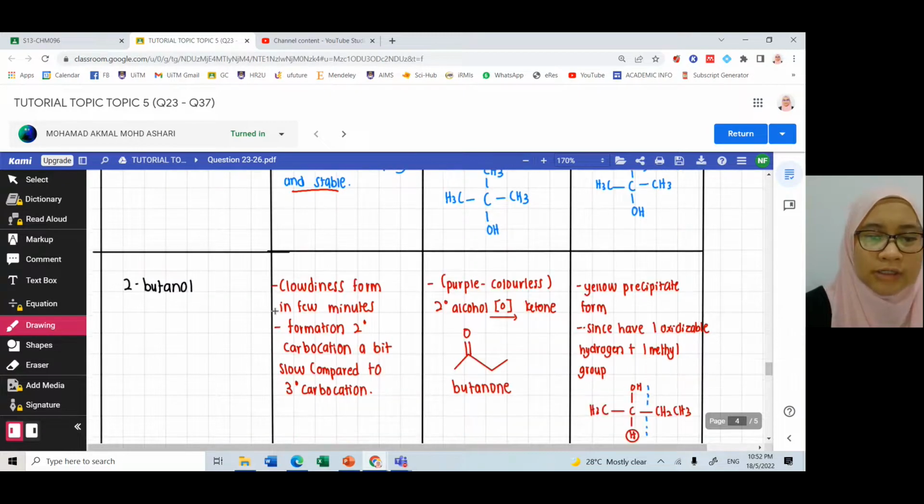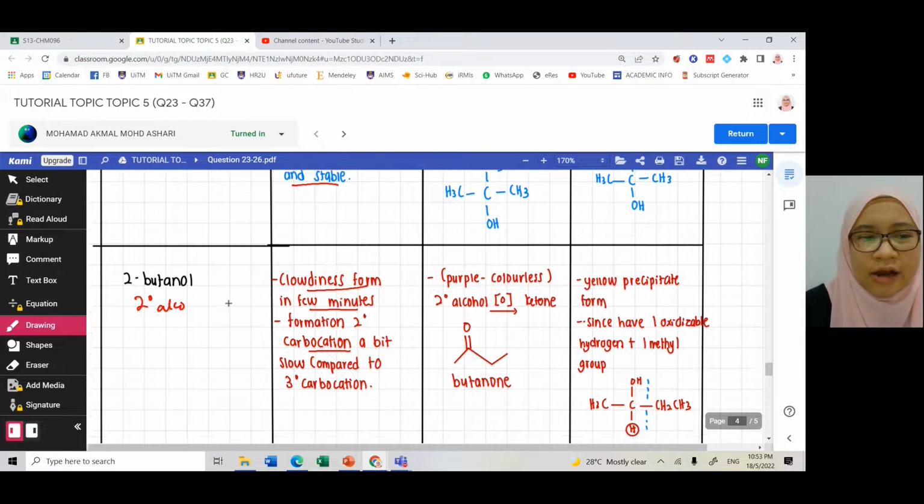So 2-butanol, like I said just now, is a secondary alcohol. So cloudiness will also form, but it takes a few minutes to form. This is due to the formation of secondary carbocation, which is a bit slower, ataupun less preferred for SN1 reaction.